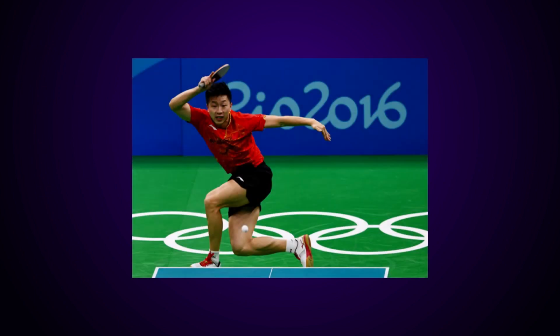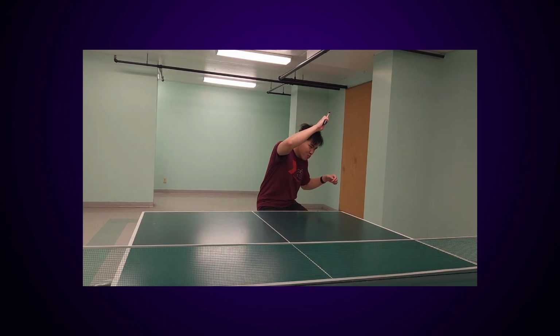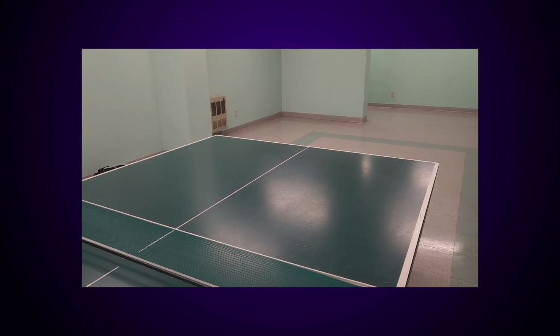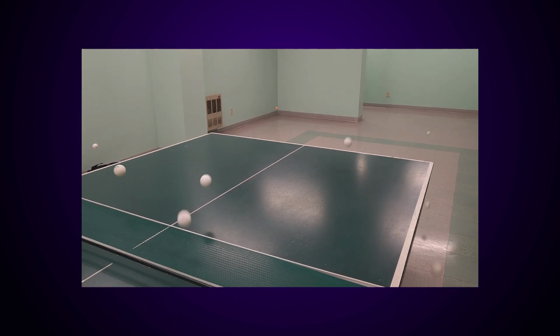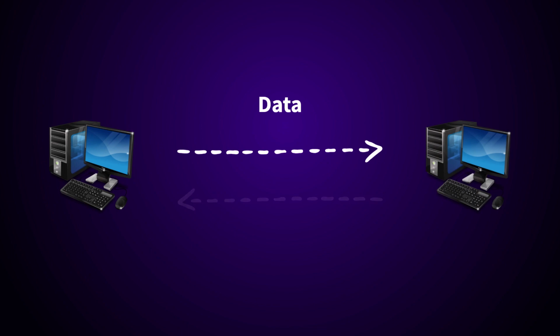To help with the explanation, we can use table tennis as an analogy. Imagine the player as the receiver, the coach as the sender, and the ping-pong balls as packets of data. When a sender uses TCP to send data to the receiver, the sender expects an acknowledgement back from the receiver.